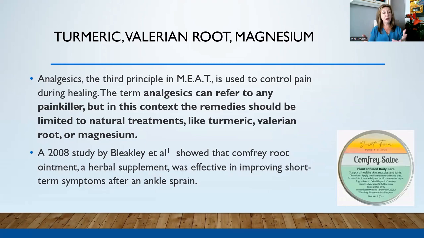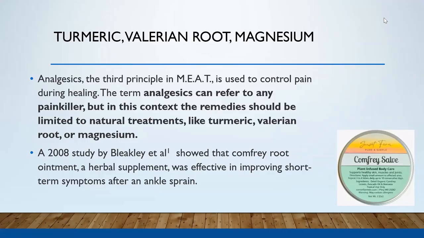This is well within the scope of your practice to just have a research-based piece of information, such as the 2008, almost 15 years ago, a study out of Bleakley showed that this particular salve, let me let you see it, the comfrey salve, this root ointment, an herbal supplement to apply topically, gave beautiful relief. And this is a salve that has some of these ingredients in it: turmeric, valerian root, magnesium.